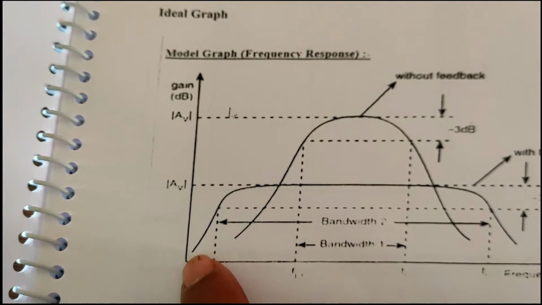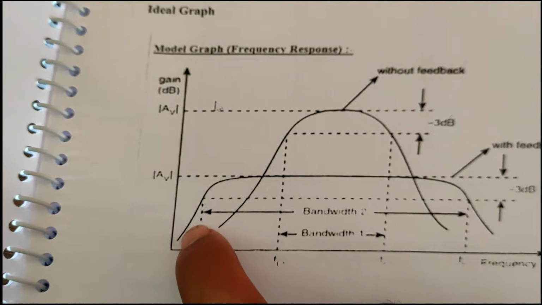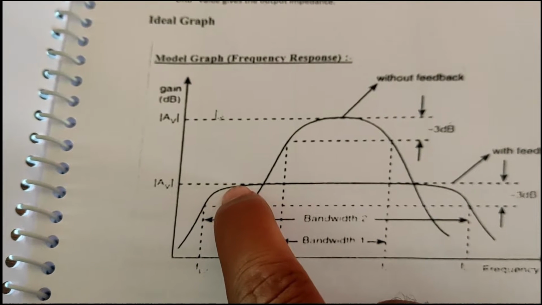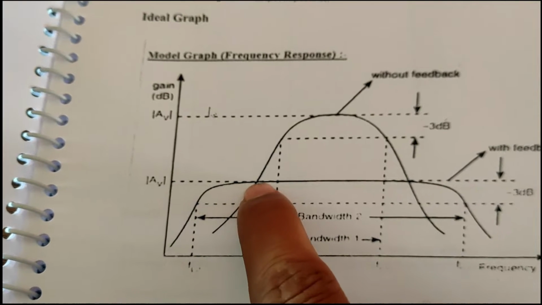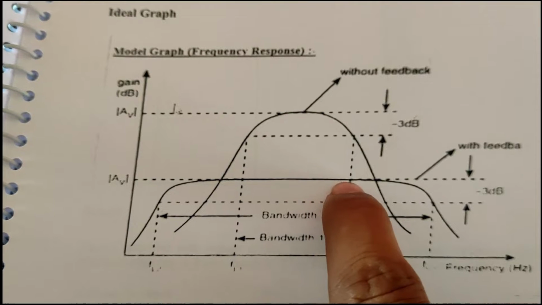Initially the frequency is less, so the gain increases as the frequency is increased, up to a certain point. When it reaches this point, the gain remains constant. Whatever increase in frequency you provide, the gain remains constant.